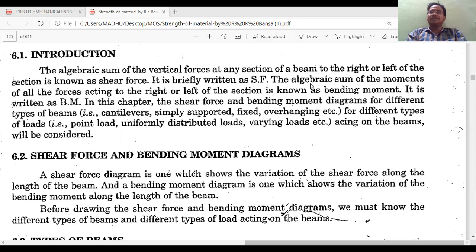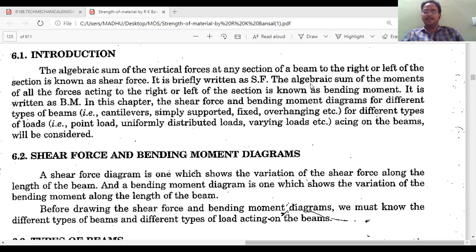The body is at rest only. But due to the applied forces, the resultant of the forces will cause deformation in the body. Within the elastic limit it is elastic deformation. If it reaches the plastic zone, then that is plastic deformation.